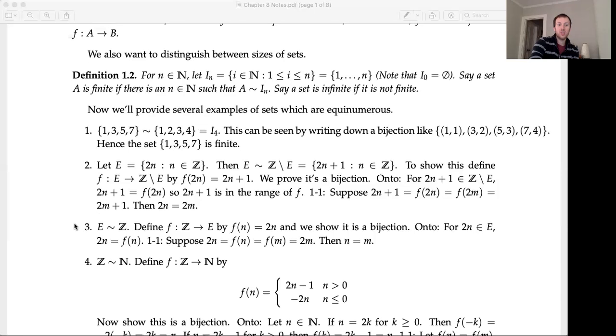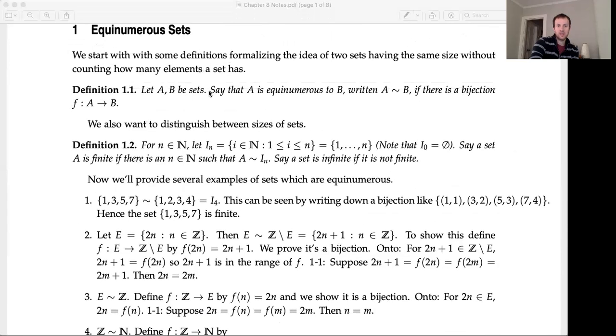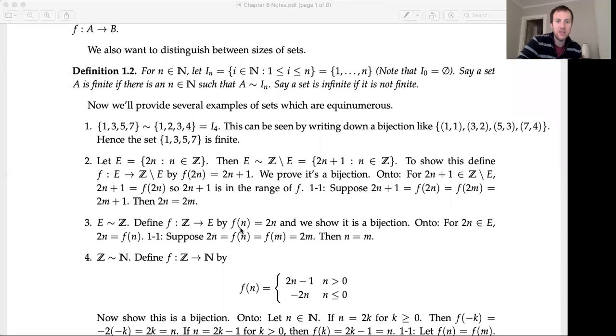But according to this definition and this short proof here, they are equinumerous. We can match them up in this bijective way, with every integer being paired with 2 times that integer, and that pairs up every even integer with any integer at all.